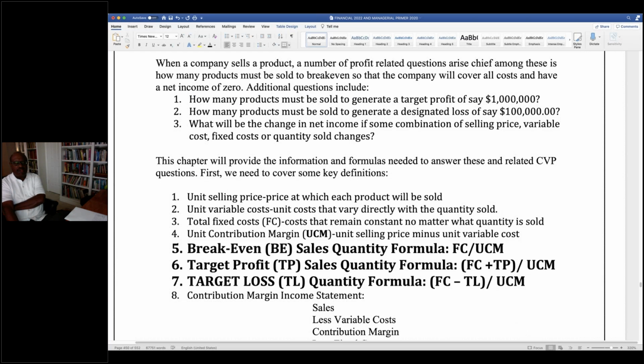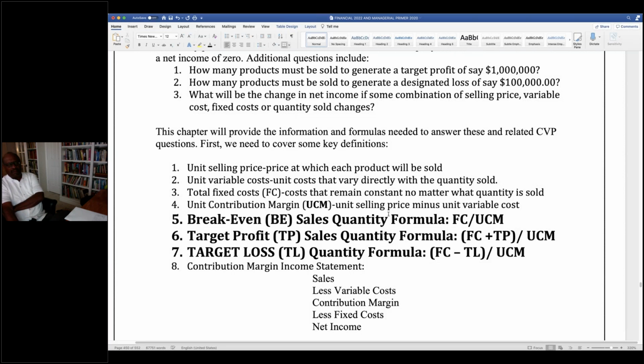And I gave you 3 formulas that you needed to memorize. To find the quantity that will cause us to break even, it's fixed cost divided by the UCM. For a target profit, it's fixed cost plus the target profit divided by the UCM. And for a target loss, it's the fixed cost minus the target loss divided by the UCM, which is the unit contribution margin.